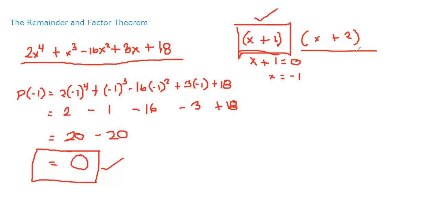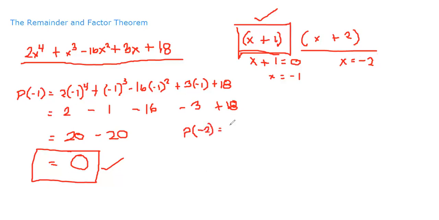Factor siya noon. Okay, try natin si x plus 2 kung factor ba si x plus 2. Kapag nag-0 yung sagot natin, it means factor din si x plus 2. So, dito ko nasulat, this will be negative 2, diba? Kasi x plus 2, so equate to 0, will become negative 2.